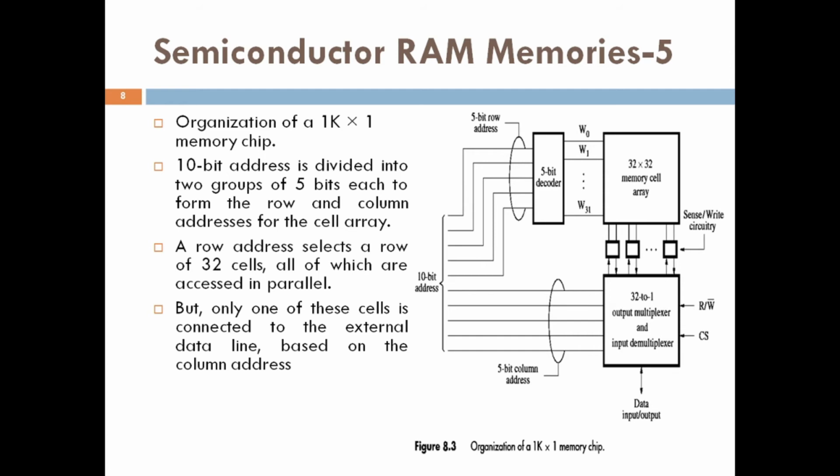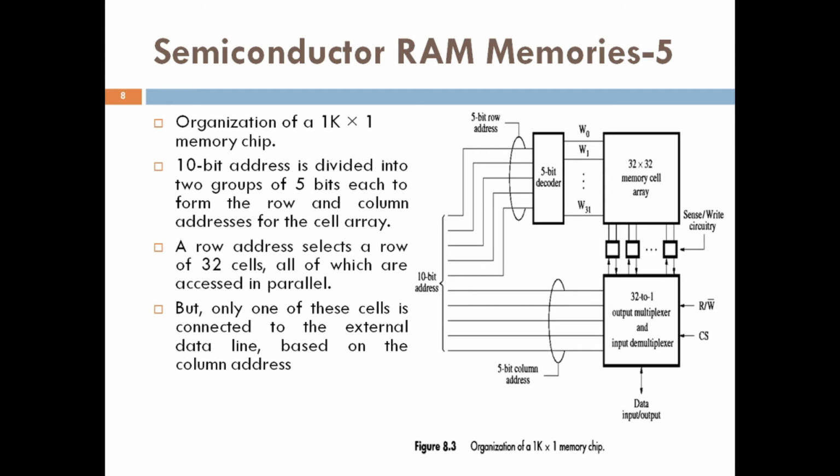For example, a 4M bit chip may have a 512K by 8 organization, in which case a 19-bit address and 8 data input/output pins are needed. And chips with a capacity of hundreds of megabits are now available.